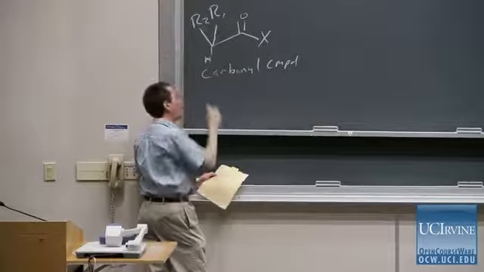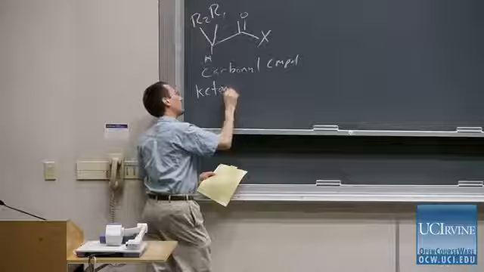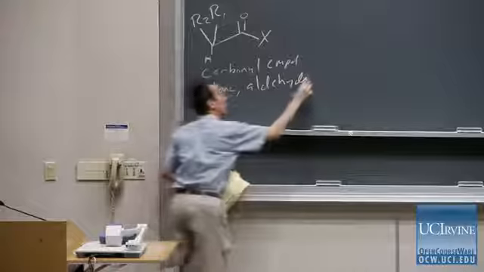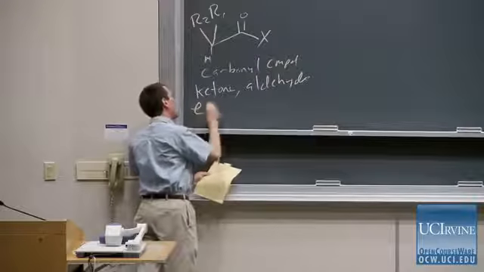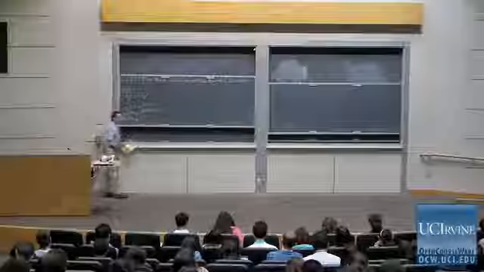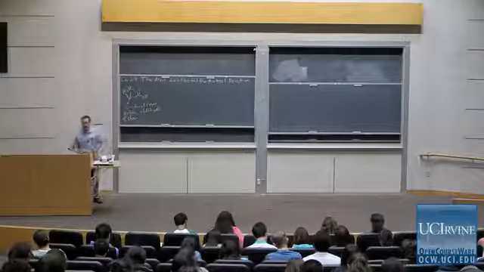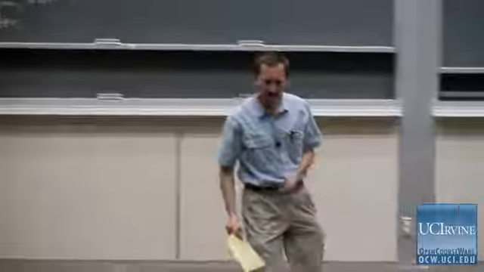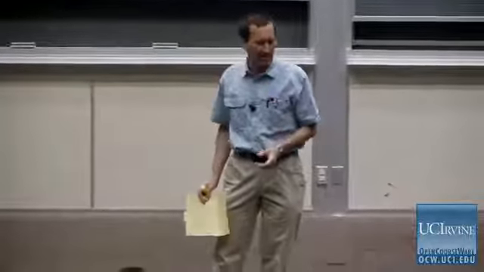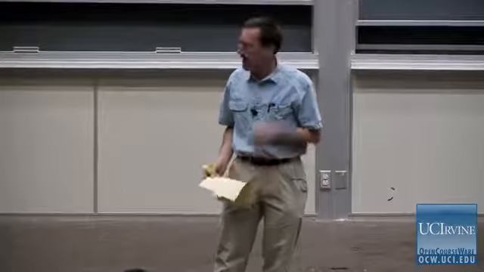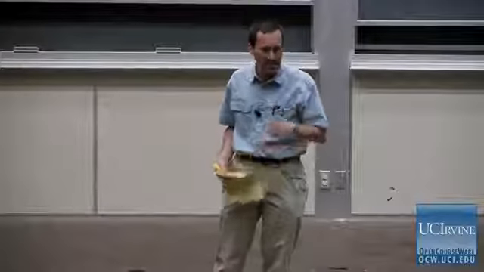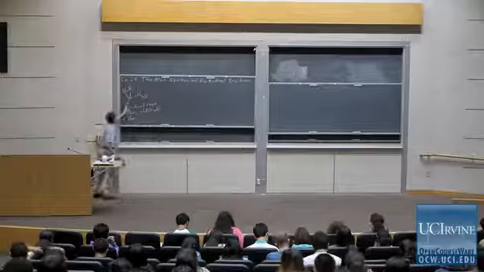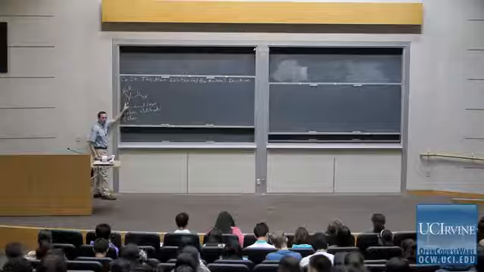Both the ketone or aldehyde family, but also the ester family, and this broad carboxylic acid family, but also nitriles. And so the chemistry I'll talk about today even is applicable in certain cases to nitriles. But the main thing is we have a carbonyl compound with an alpha hydrogen.